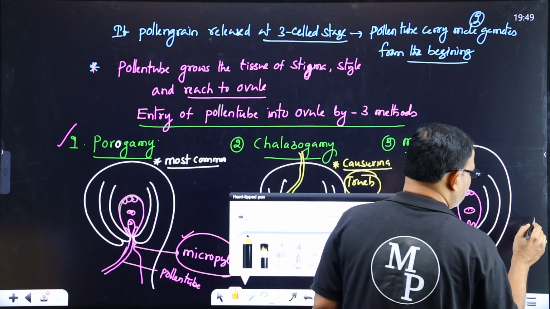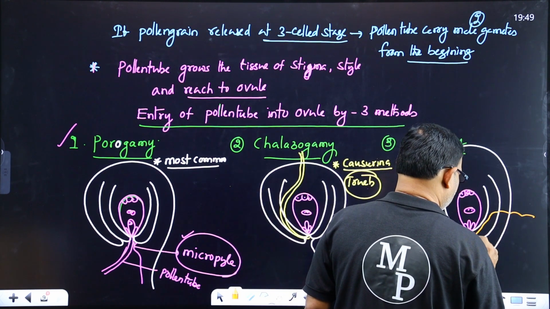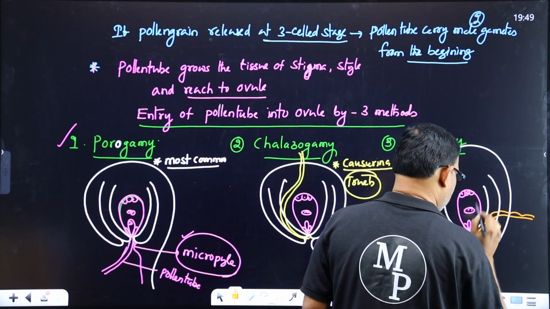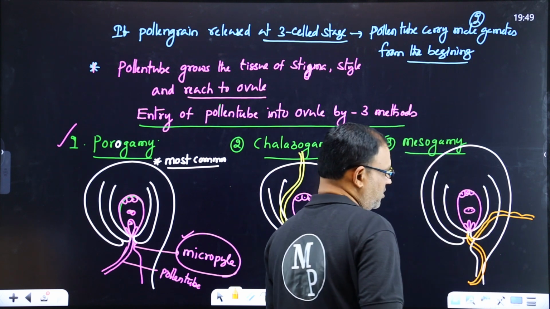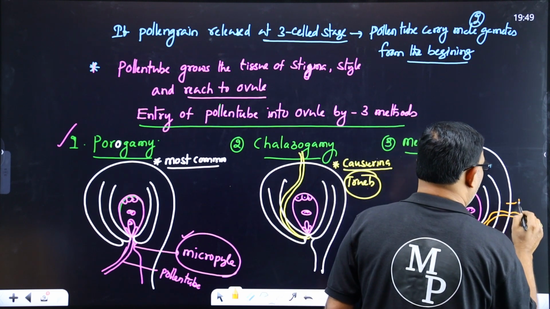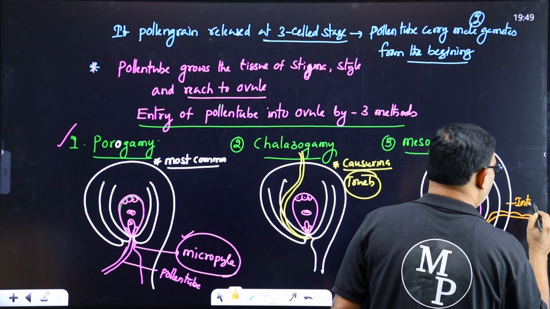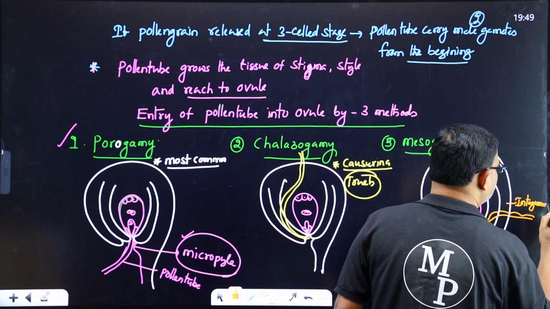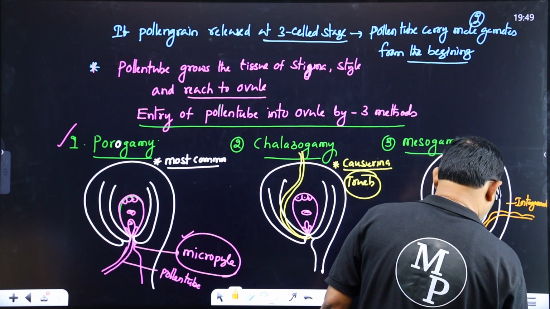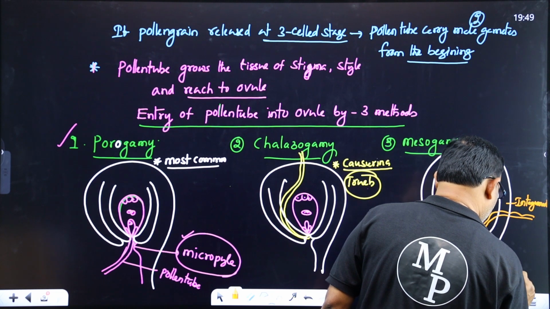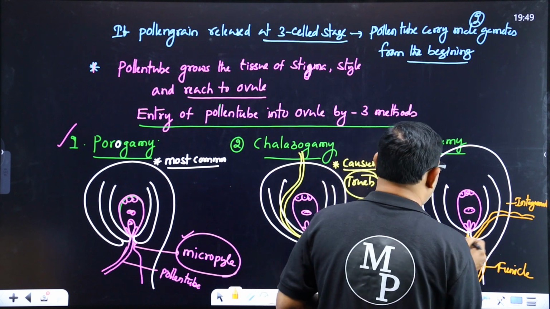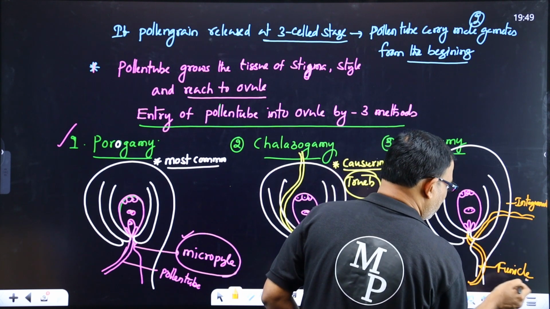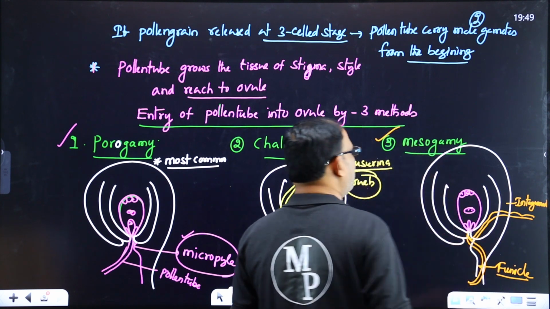Through the integuments or through the funicle. These are the integuments. This portion is the funicle.